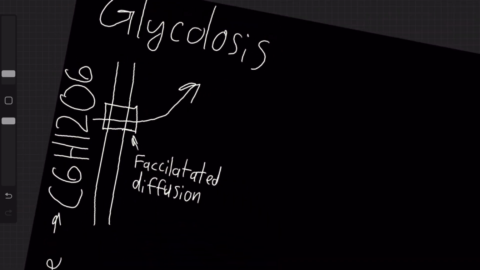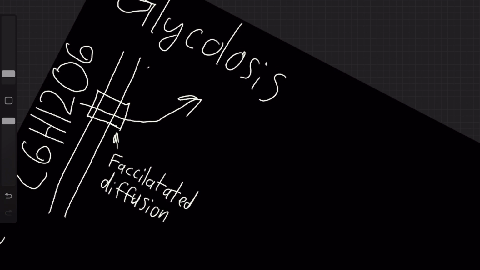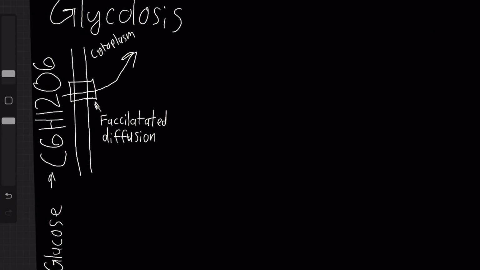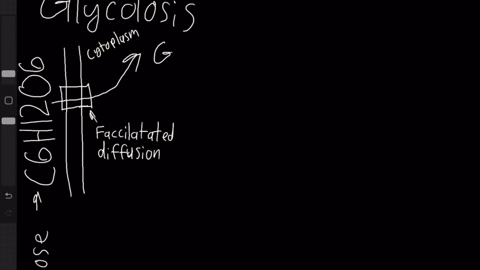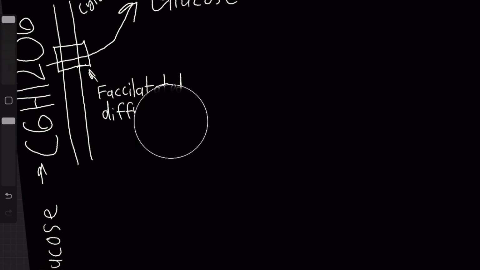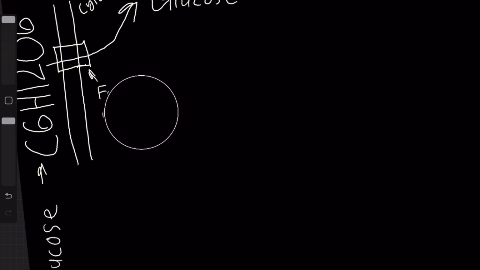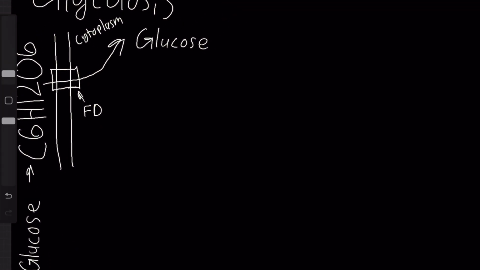So now we're in the cytoplasm where glycolysis happens. And you still have your glucose. I'm going to remove facilitated diffusion and just write FD for that, just so you guys can keep that there.